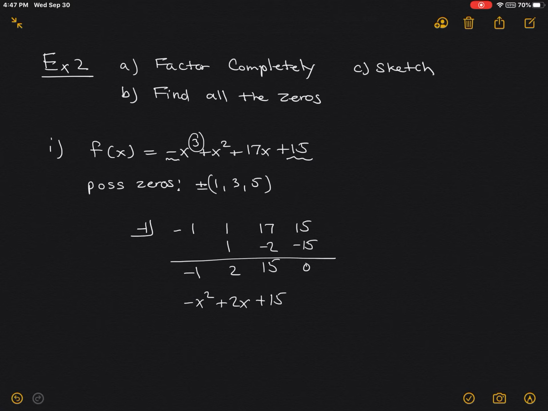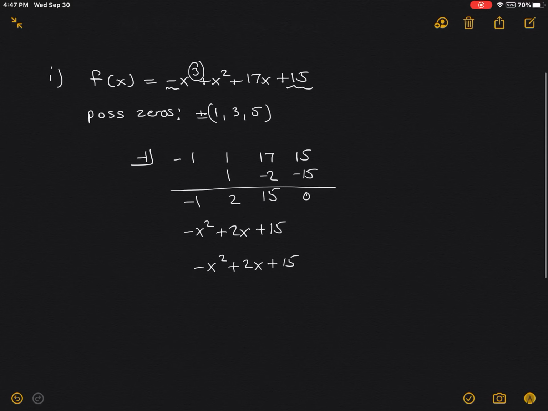So I'm asked to factor completely. I know negative 1 is going to be one of the factors, and I need to continue on by factoring this. So over here, what I'm going to do is factor out this negative 1, and we'll have x squared minus 2x minus 15.